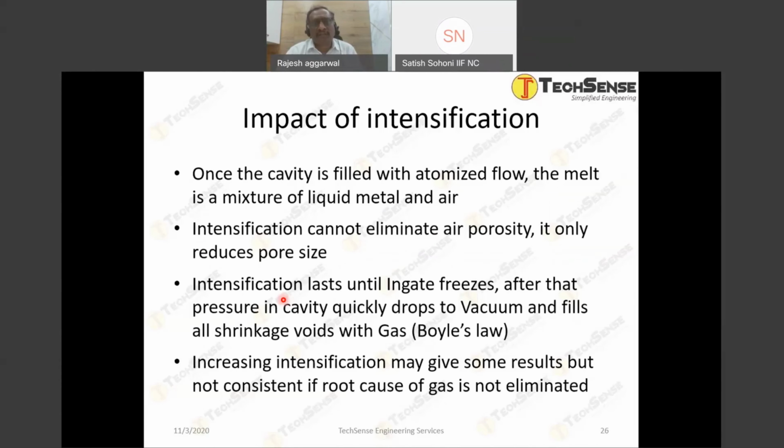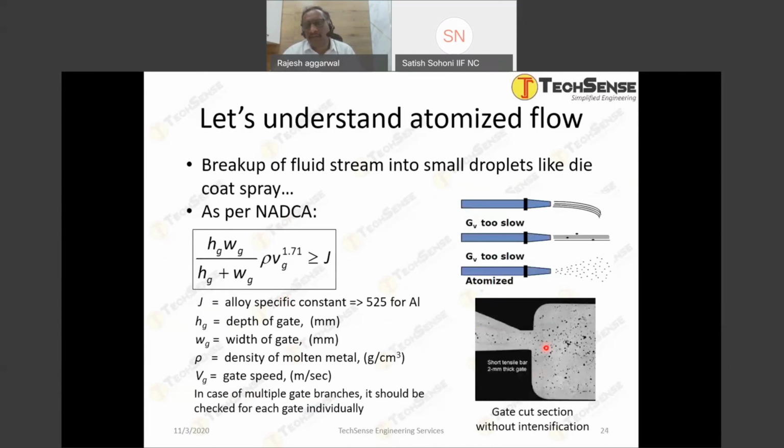And once the cavity is filled with atomized flow, the melt is a mixture of liquid metal and air. Intensification cannot eliminate the porosity, it only reduces the pore size. If you see the slide over here, you see a pore size, very small, maybe 0.1, 0.2, or maybe 0.5. Or some of the pores may be bigger as well, right?